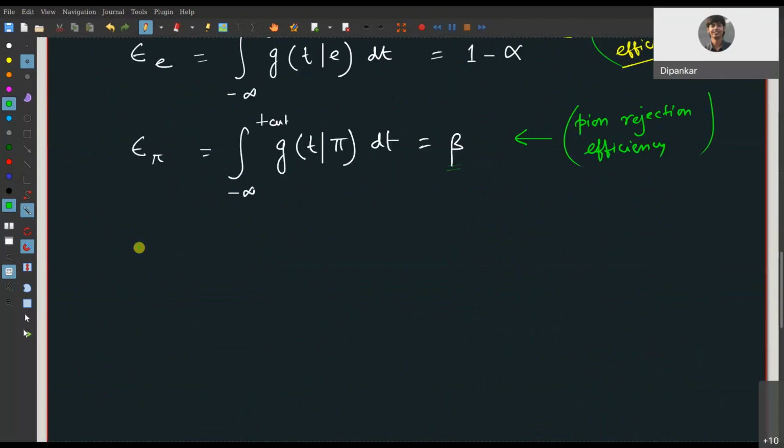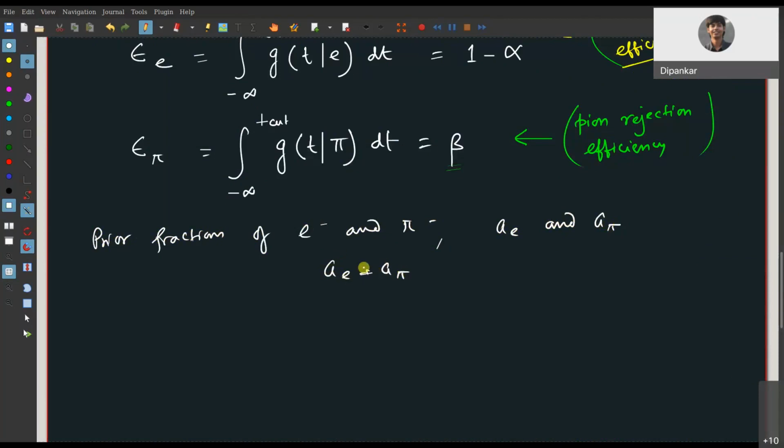And suppose I call these the prior fractions of electrons and pions, and I denote them by A_E and A_pi, so that A_E plus A_pi equals 1. This depends on what kind of sample you are working with.